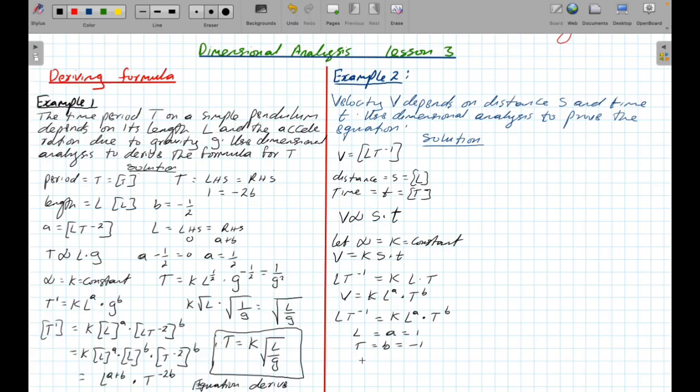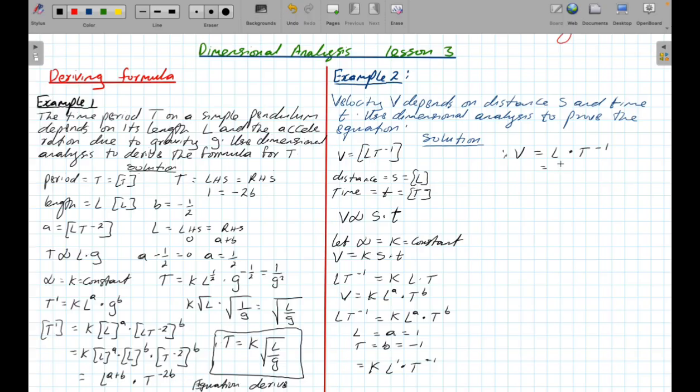So by substituting the powers a and b, k will be equal to L raised to the power of 1 and t raised to the power of minus 1. Therefore, velocity v equals L multiplied by t raised to the power of minus 1.